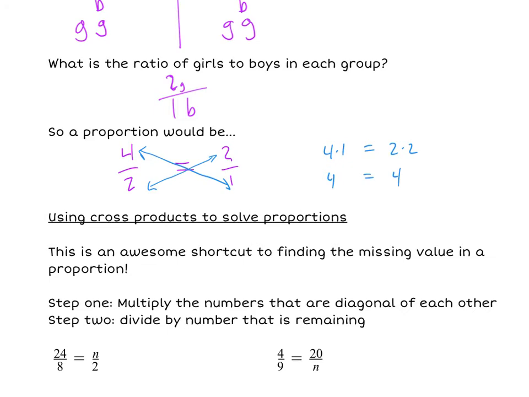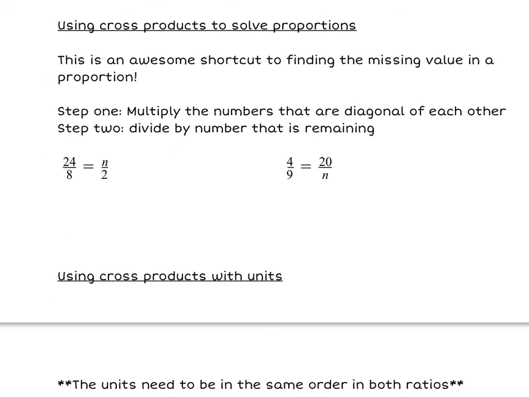Well, if you remember what my goal for today was, that you could solve for a missing value in a proportion. There's an awesome shortcut to do this. Okay? 2 steps. You're going to use the same 2 steps every time. So we're going to do this one here first. 24 to 8 equals something to 2.